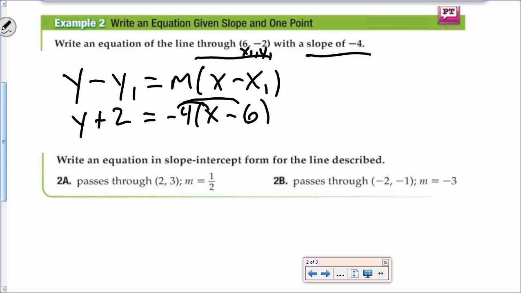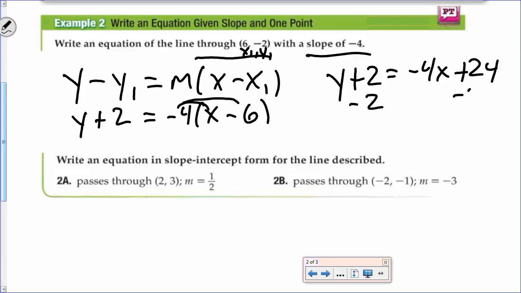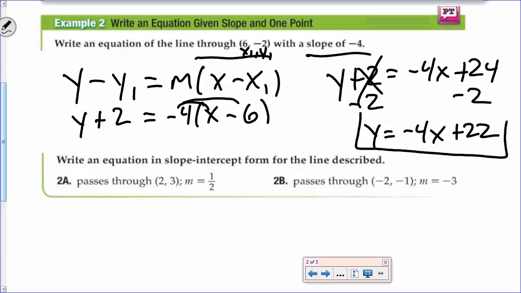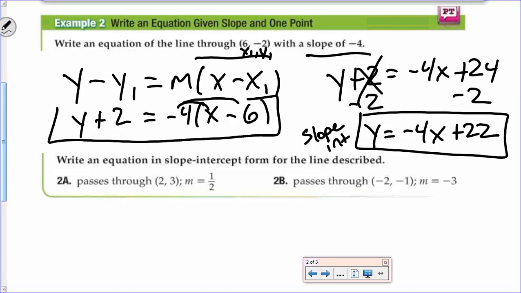Distributing, we've got y plus 2 equals -4x plus 24. Subtract 2 from both sides: y is equal to -4x plus 22. And that's the equation of the line in slope intercept form. The previous one was the equation in point slope form.